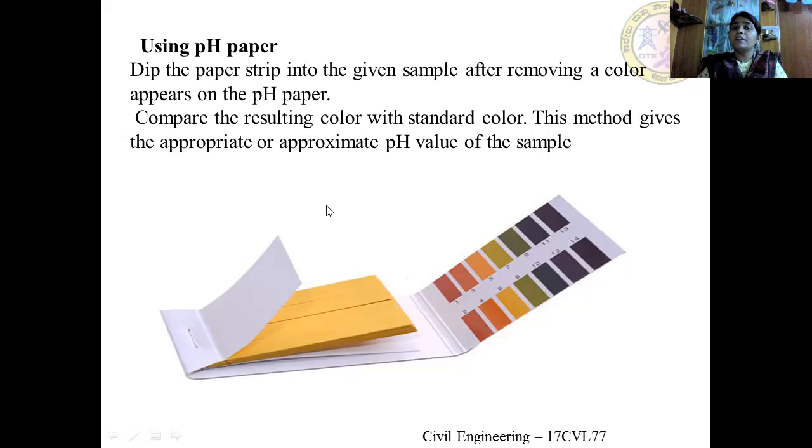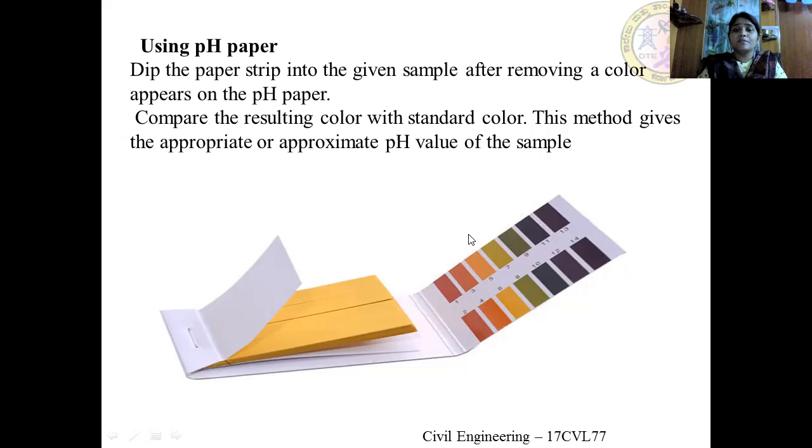So an approximate value of pH is determined using this pH paper. The exact value is determined using a pH meter, but an approximate value is determined using a pH paper, and we compare with the standard colors given.